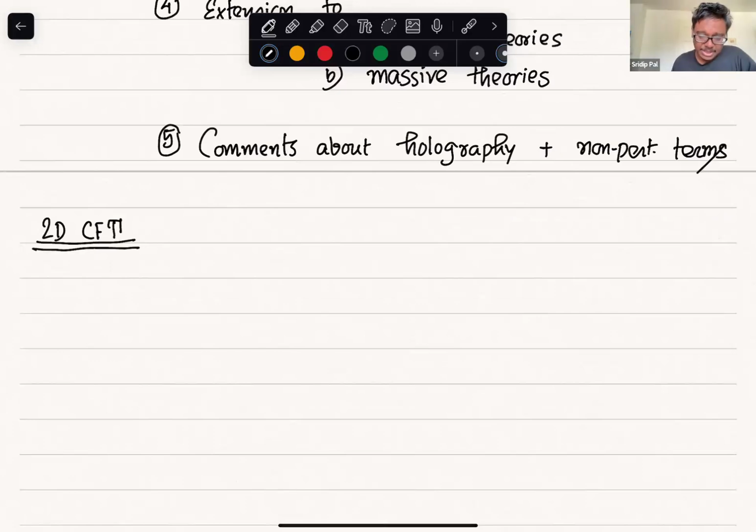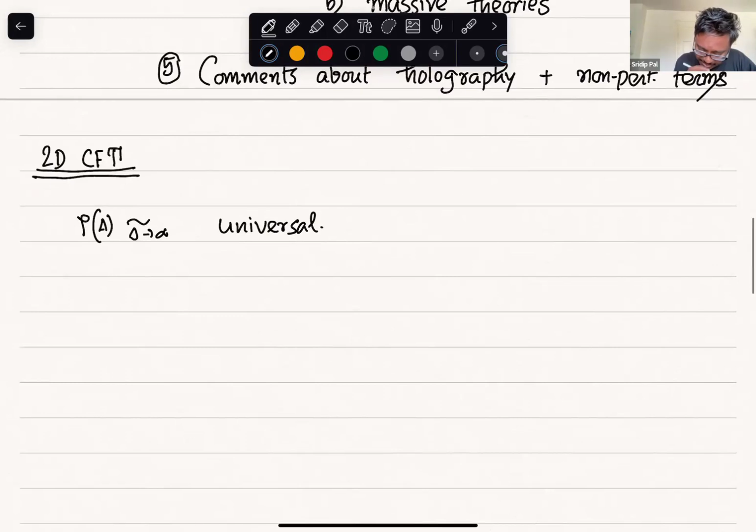As I mentioned, the basic form of the universality in 2D CFT is that the density of states in the delta going to infinity limit is universal. And the way we derive it is using the modular transformation and the canonical ensemble.